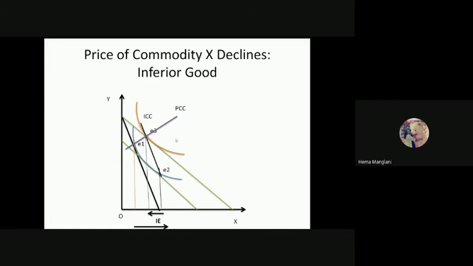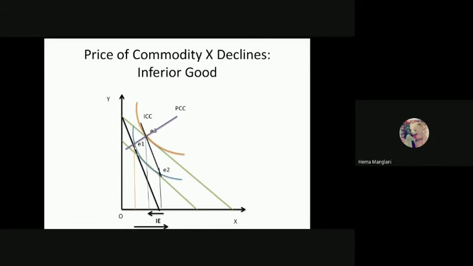To understand this, first we take the initial budget line. The initial budget line has the optimal consumption point at the initial level, that is the E1 position. Now, exactly what is happening here? The price is declining for the commodity X. From this E1, with the new prices, you take the pivot, and this has a tendency to reach the E2 point.